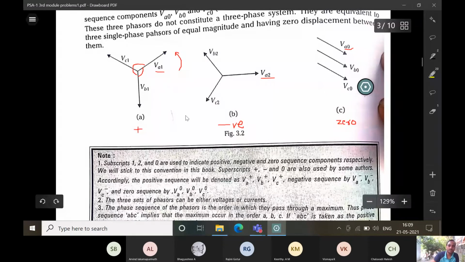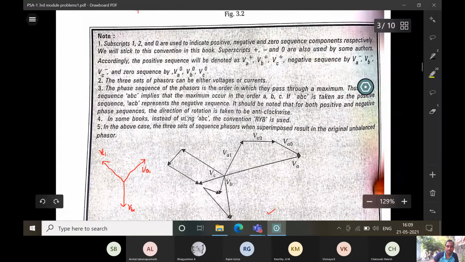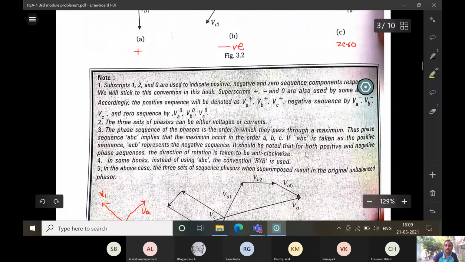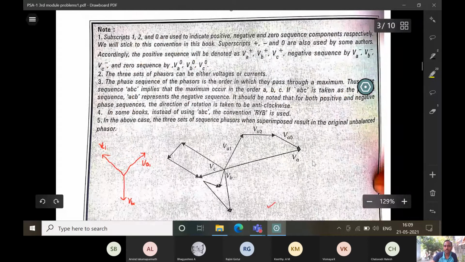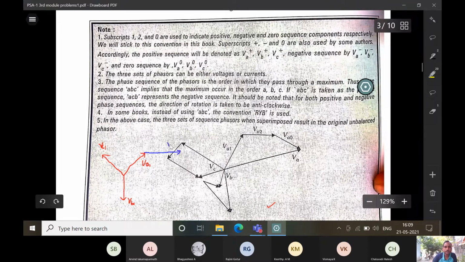So VA1 is like this, and VA2 is in this direction. I will draw VA2. And VA0 is in the downward direction.